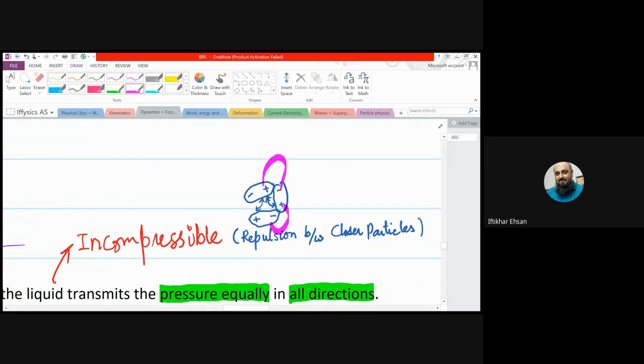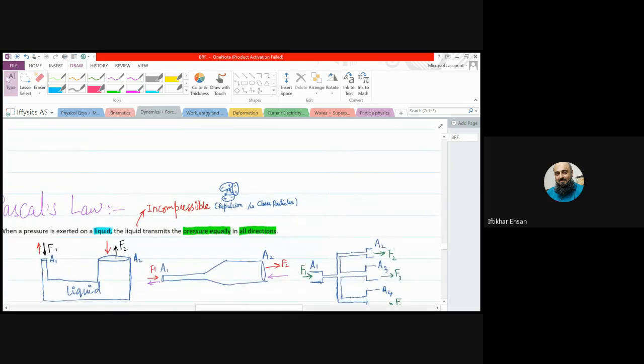Similar happens here. But when we try to get them even closer, their same charges repel: the positive of one repels the positive of the other, the negative of one repels the negative of the other. That keeps the particles from coming even closer. So in liquid particles, there are still gaps, but we cannot make them get closer due to that repulsion between closer particles.